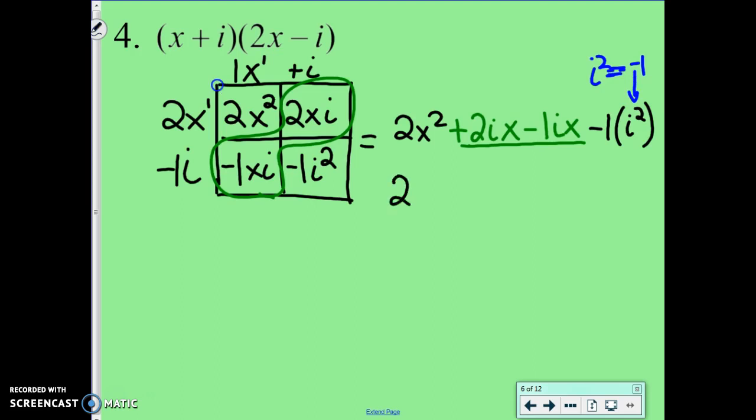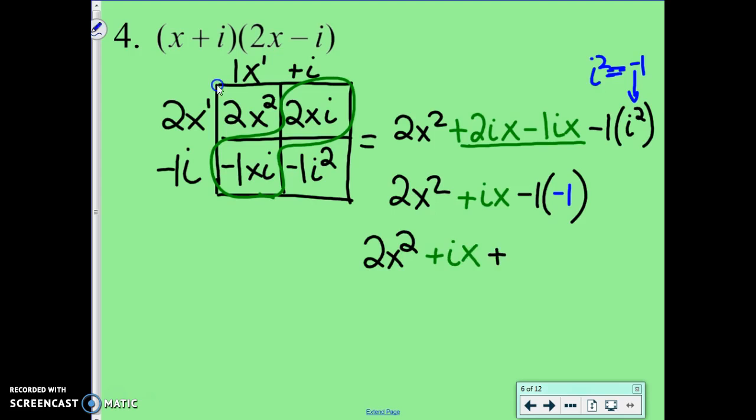And what I get is 2x squared plus ix minus 1 times negative 1. And so what I'm going to end up with, the 2x squared comes down here, 2x squared plus ix plus 1.